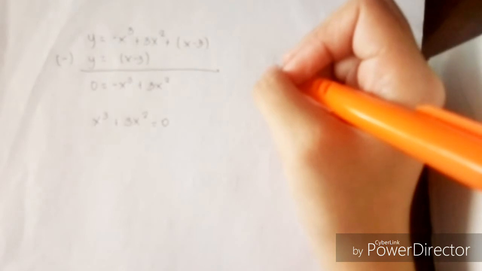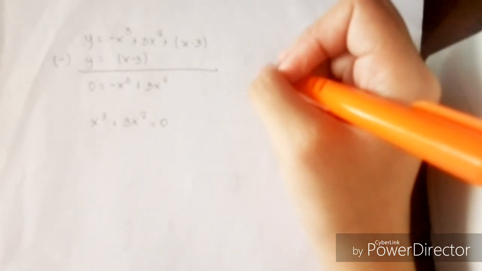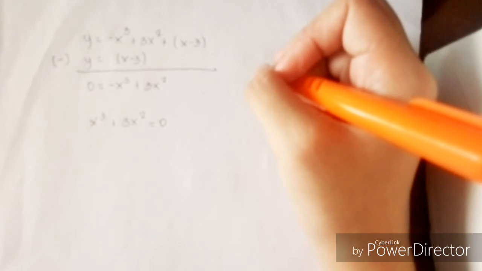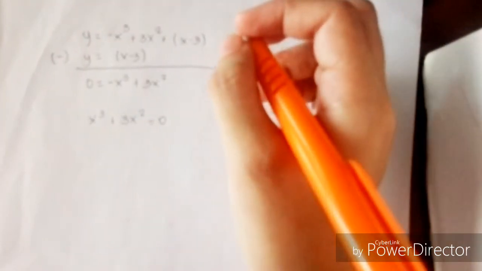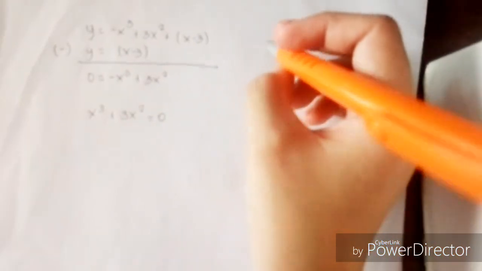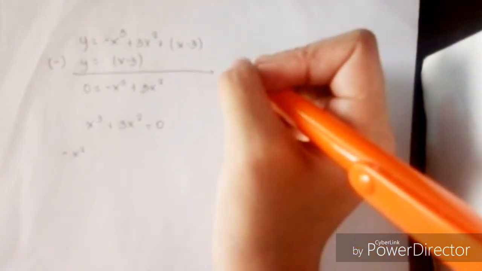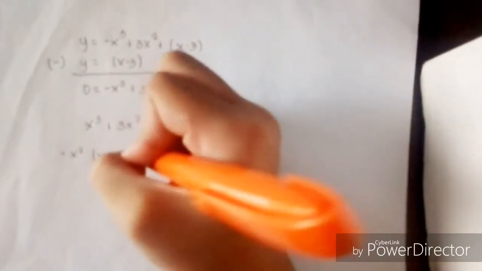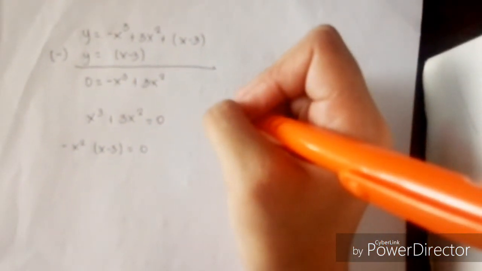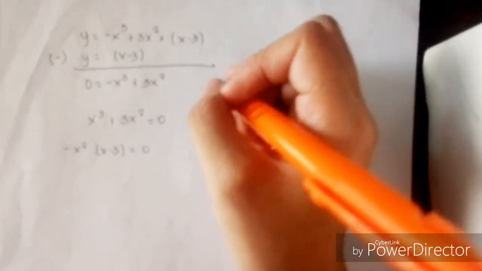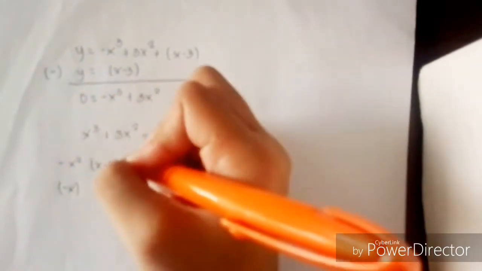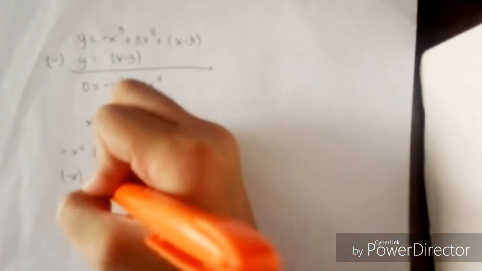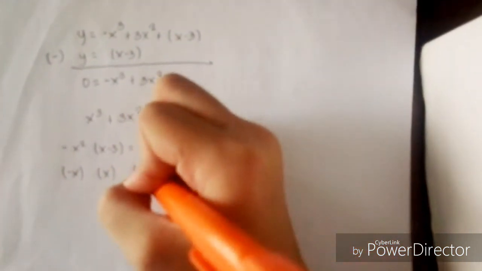Now we move on to the second solution, which is negative x squared times x minus 3 equals 0. We distribute the negative x squared, parentheses, negative x, close parentheses, and x, then x minus 3 equals 0.